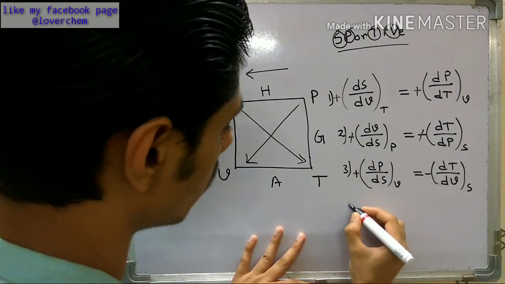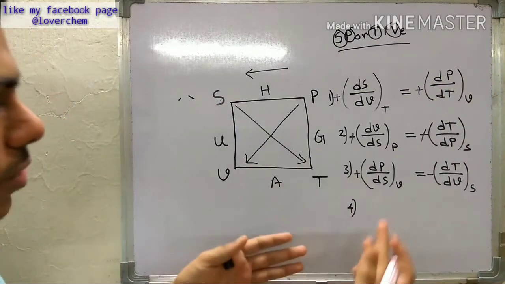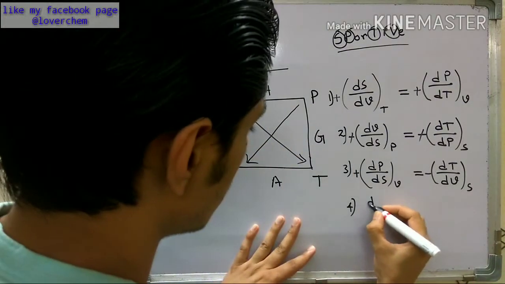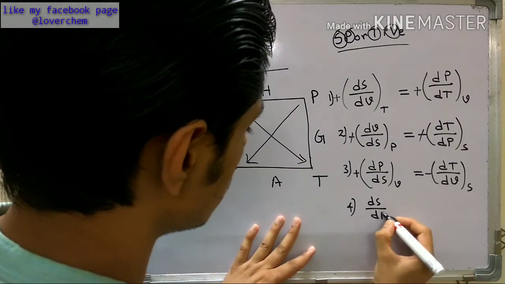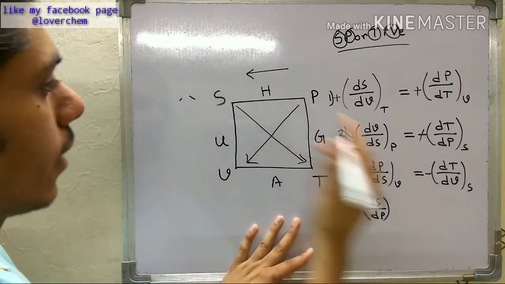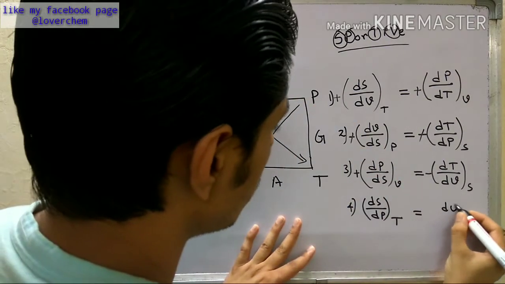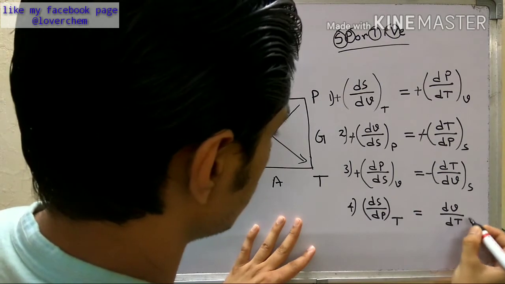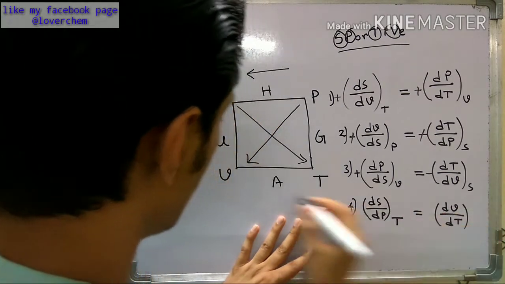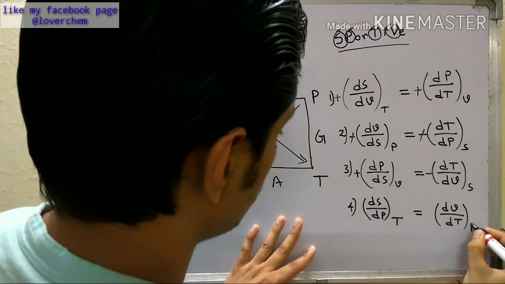Now the fourth relationship, we just have to do the reverse, that is ds dp at constant t is equal to dv dt at constant p.